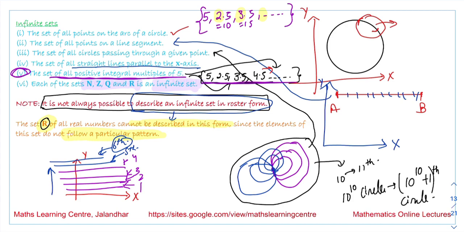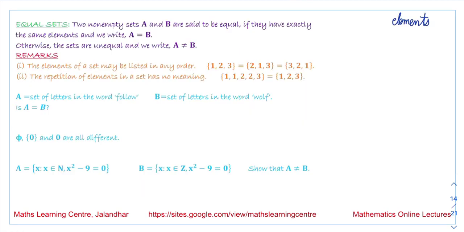Now the next definition we have is equal sets. Two non-empty sets A and B are said to be equal if they have exactly the same elements. It means the number of elements is the same, and all the elements are the same.